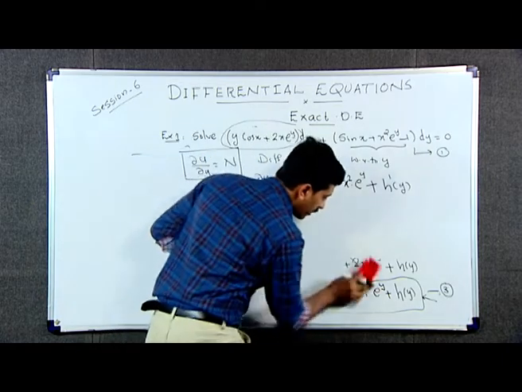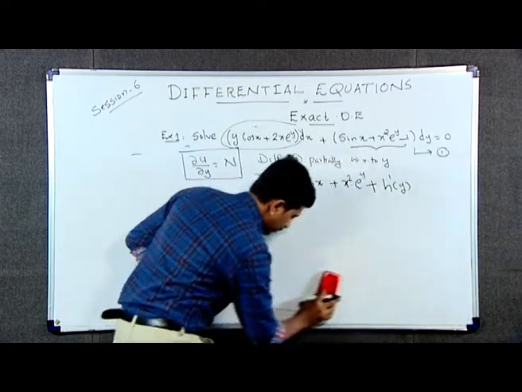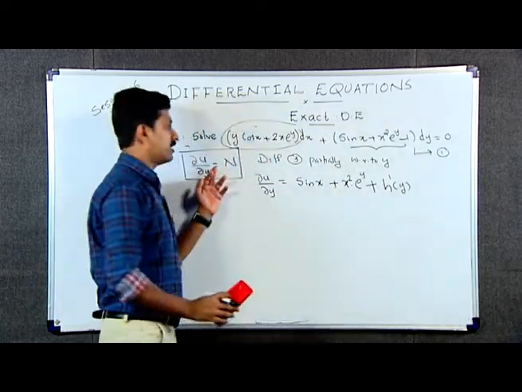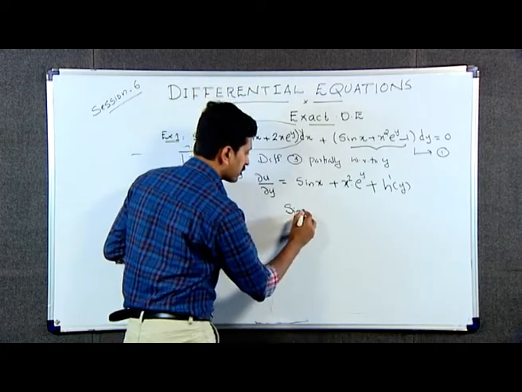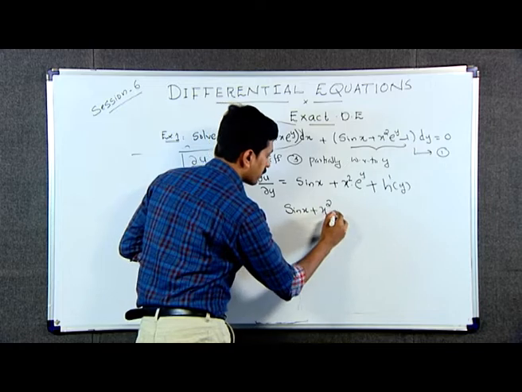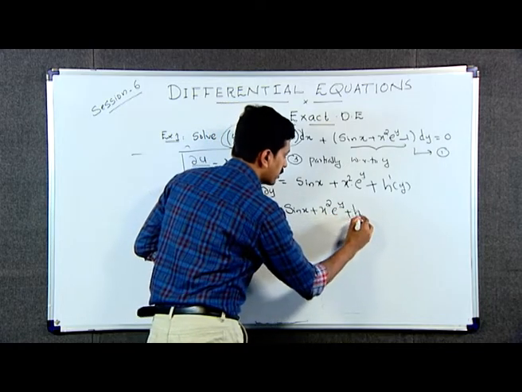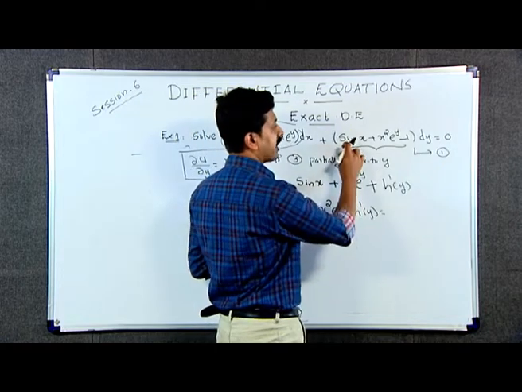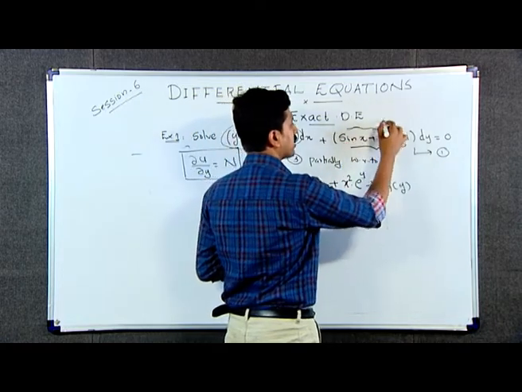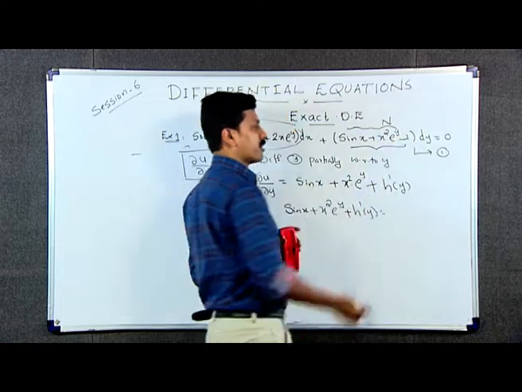Since dou u by dou y is equal to N, we can write sin x plus x square e raised to y plus h dash of y is equal to N. What about N? N is sin x plus x square e raised to y minus 1.